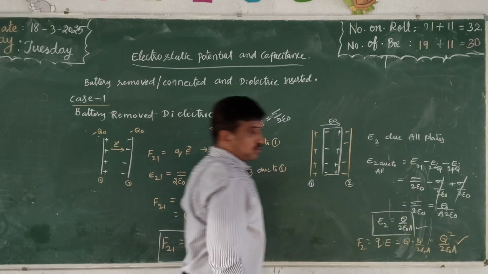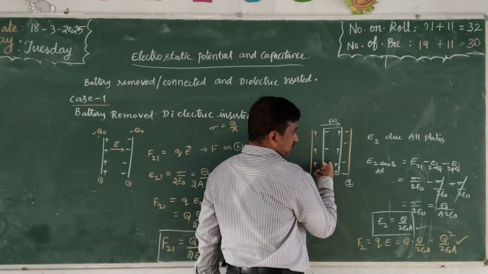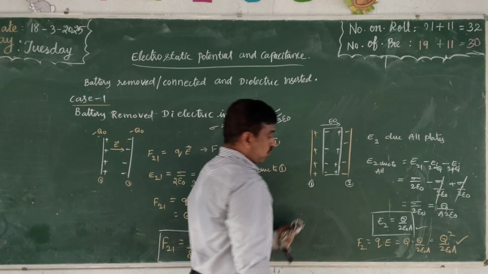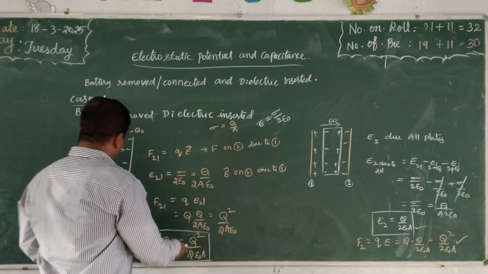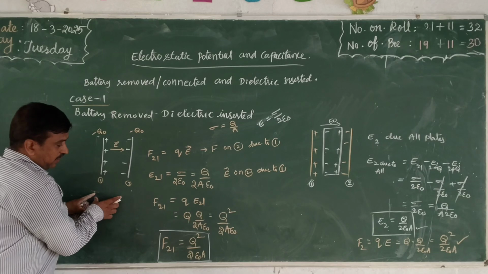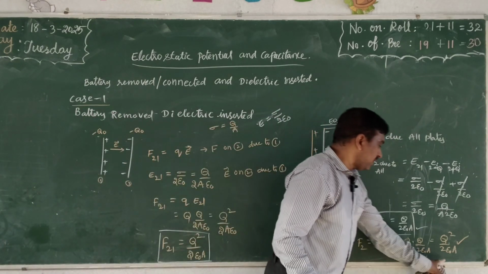It is the force on the second plate due to the remaining plates, with plus q, minus qi, plus qi. What is the electric force? Q square by 2 epsilon naught A. Before inserting the dielectric, what is the force on the plates? Q square by 2 epsilon naught A. After inserting the dielectric, what is the force?